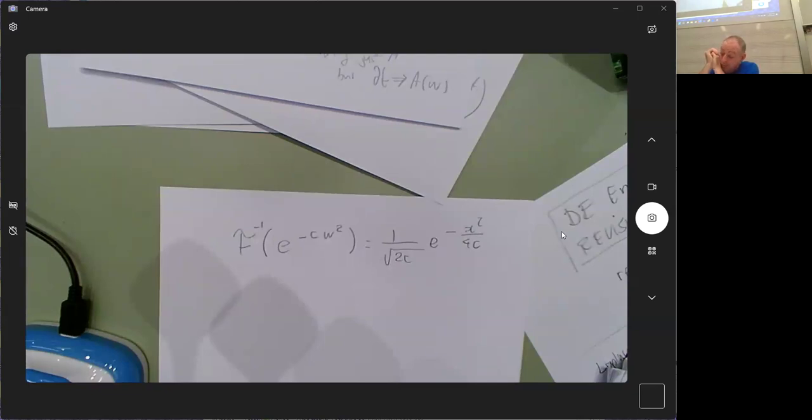Let's put the d as a c. There you go. That's apparently in tutorial 11.